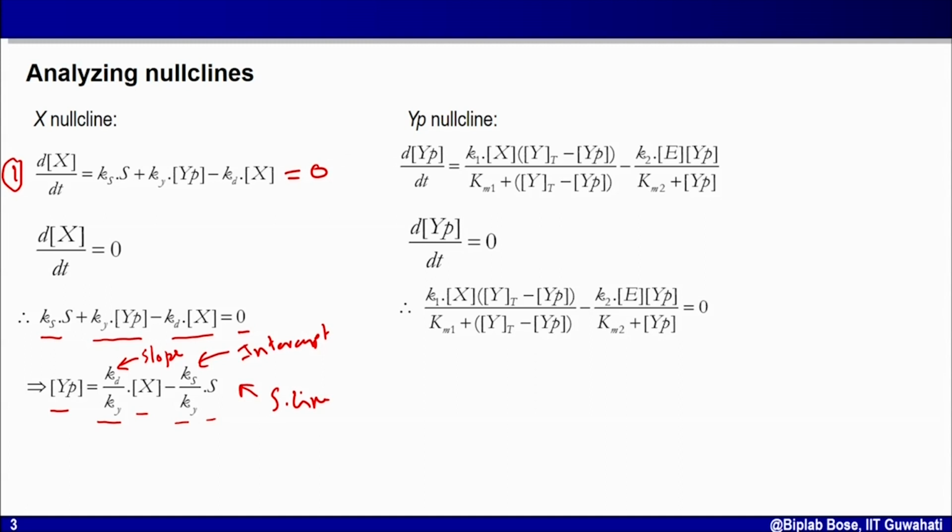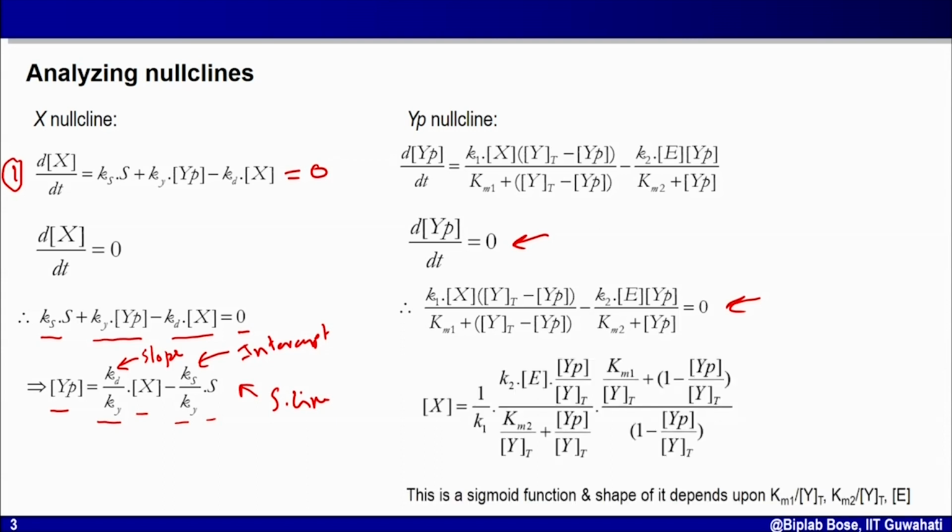You can simply consider, for the y null cline, dyp/dt equal to 0. Then you can do algebraic rearrangement so that you get that ODE equal to 0. Now I want to keep yp and x on one side. So here it will be easier if we keep x on one side and everything else on the other side. This you must have seen in the earlier module.